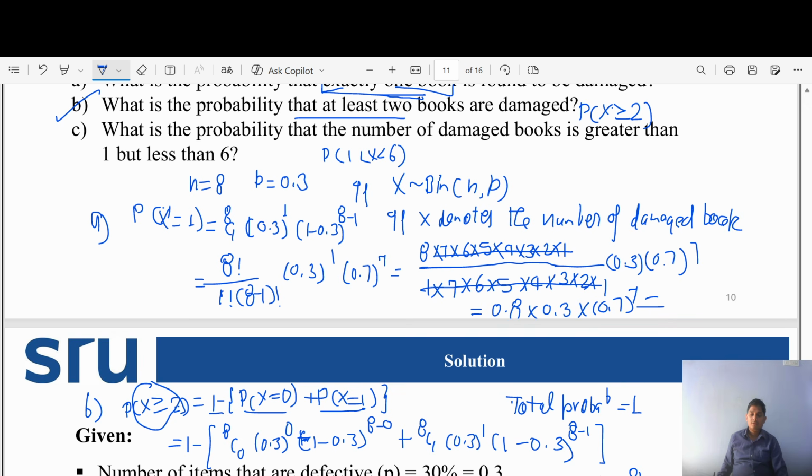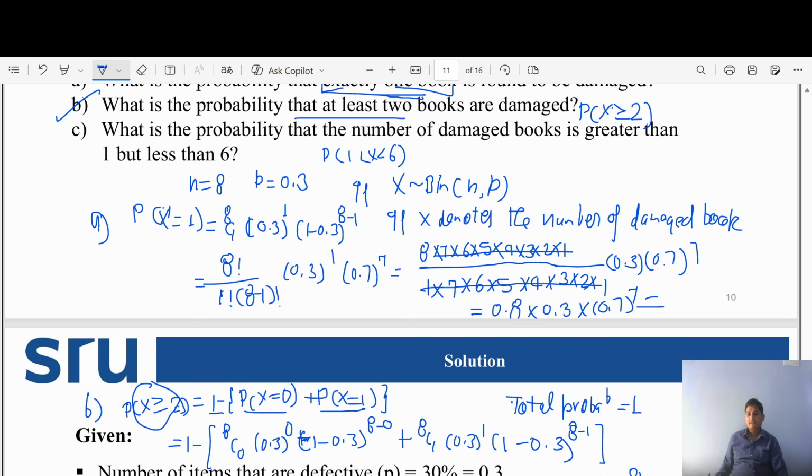So how will we solve this? 1 minus 8 factorial over 0 factorial, which means 1 into 8 factorial. So this 8 factorial cancels out, 0.3 to the power 0 is 1, only 0.7 to the power 8 is here.